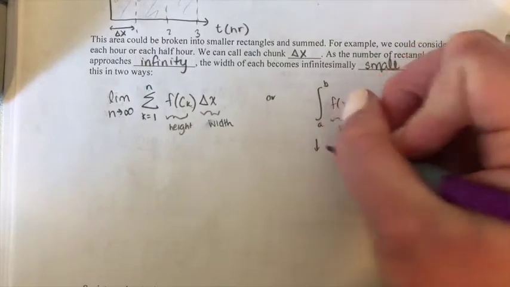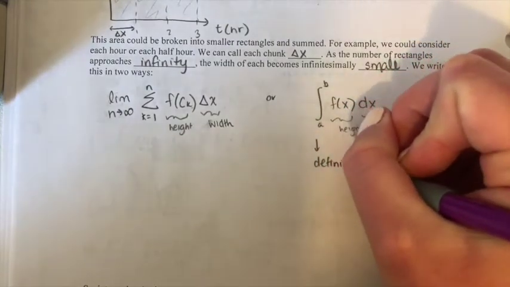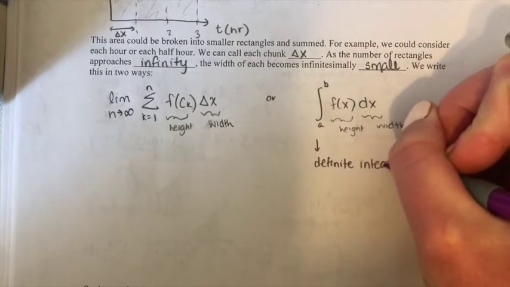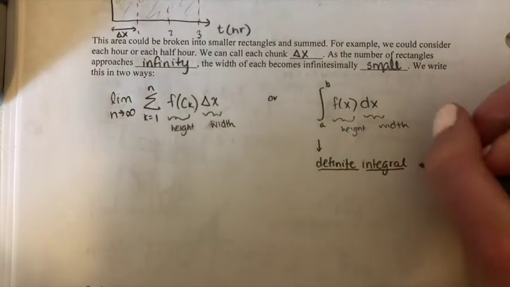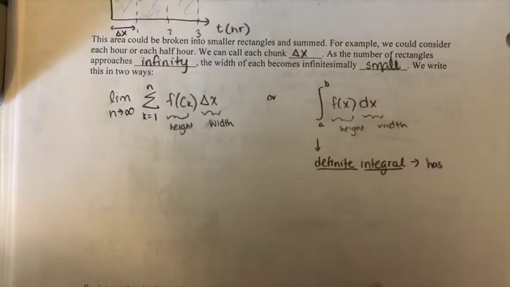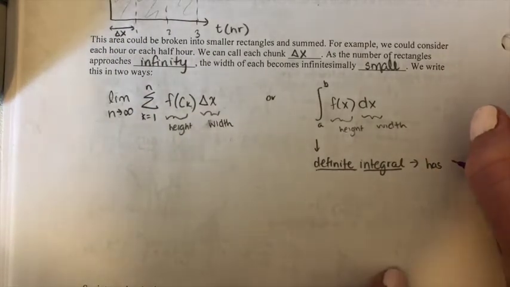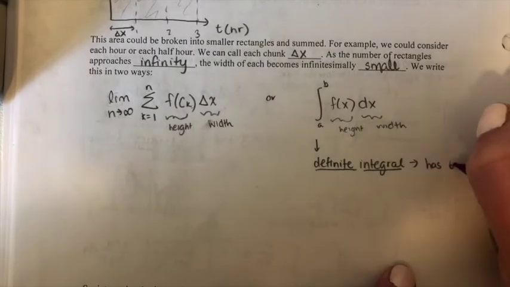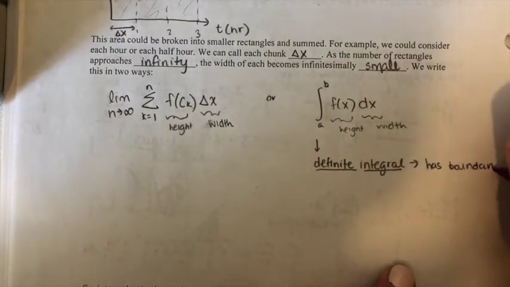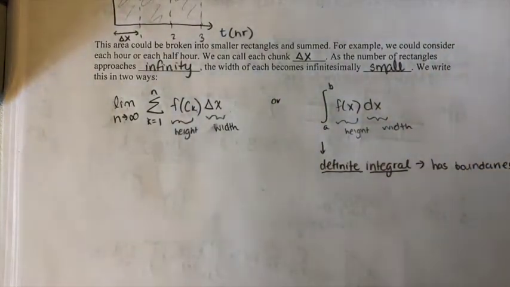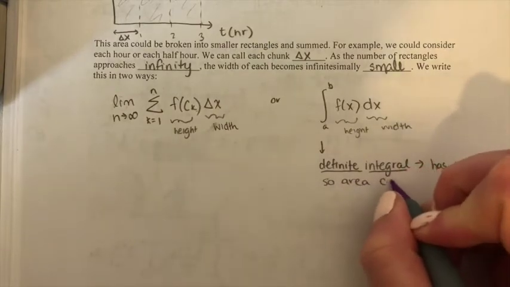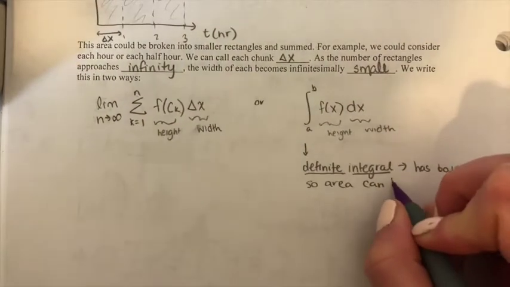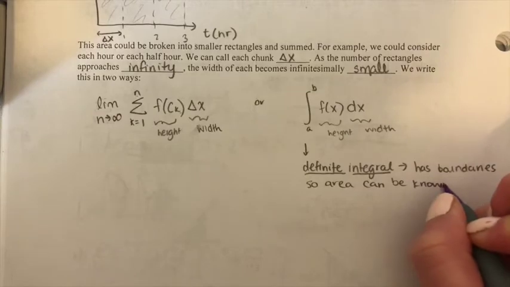Okay, so this right here is a definite integral, meaning it has boundaries, so the area can be known.